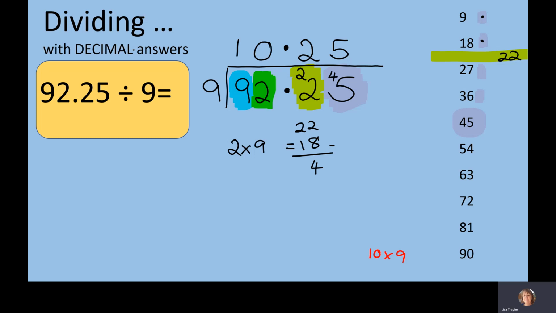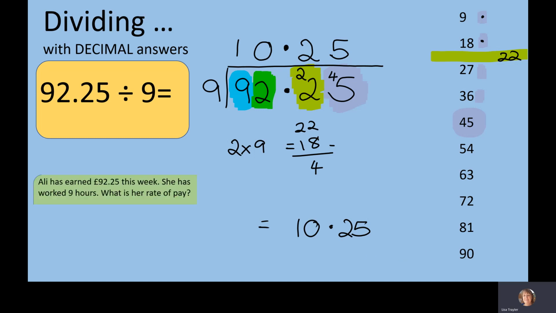Because 5 9s are actually 45, we don't have any remainders, so we have completed the question. So the answer to 92.25 divided by 9 is 10.25.